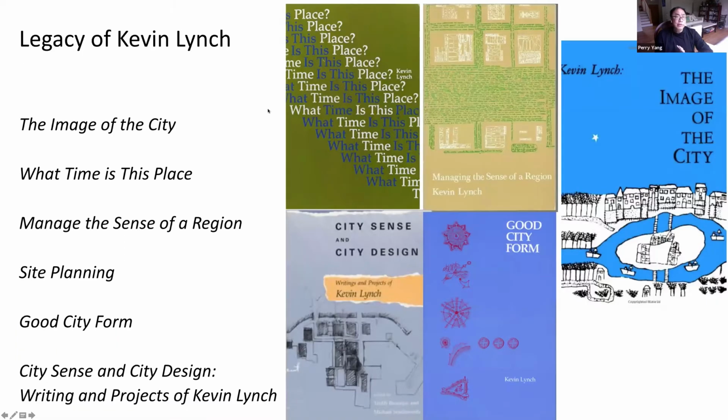So I like to talk about a lot of work from Kevin Lynch, who developed theories of urban design from 1950. Even today, we are greatly influenced by Lynch, including books like Image of the City, What Time Is This Place, Managing the Sense of Region, Site Planning. And the final book that he published before he passed away, Good City Form, is one of the most important publications in urban design.